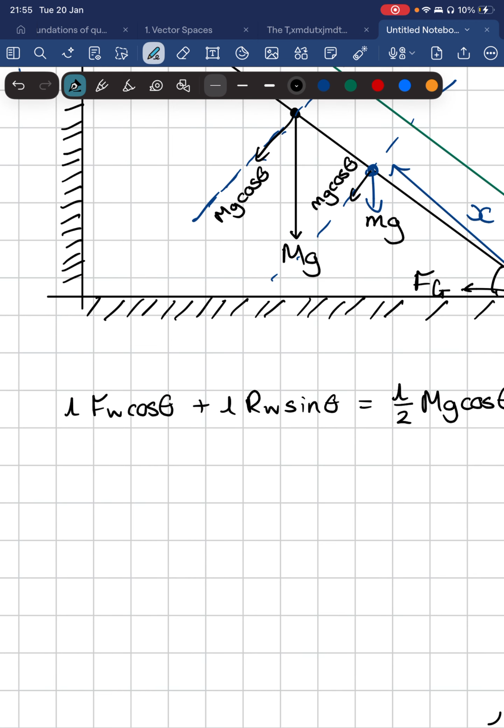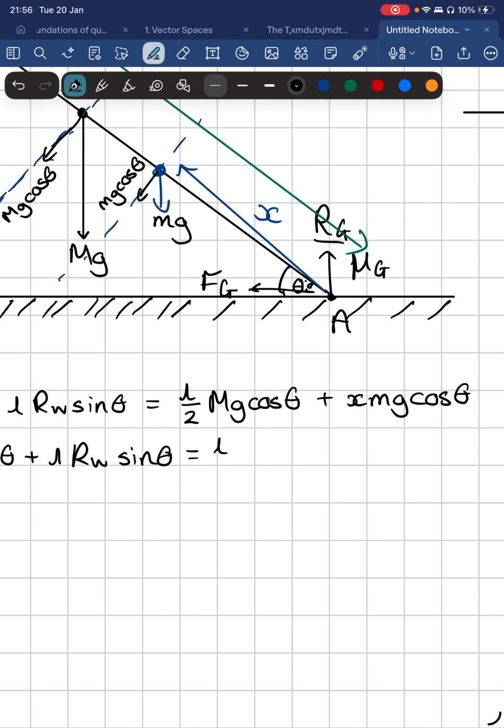So we can immediately actually make a substitution here that L mu w rw cos theta plus L rw sine theta is equal to L over 2 mg cos theta plus x mg cos theta.